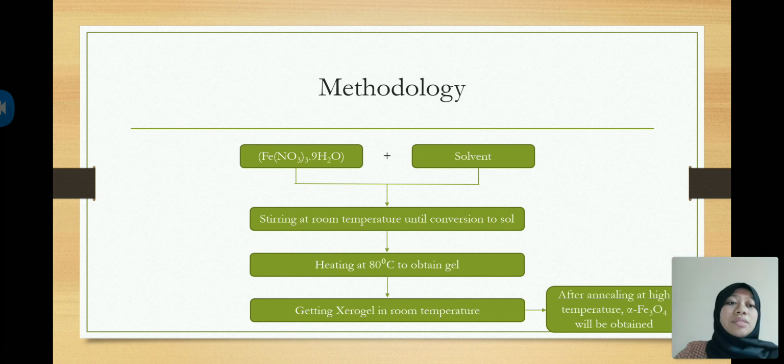Then the brown gel will be crushed using a mortar and pestle at room temperature. Then it will be annealed in a furnace at very high temperature to obtain alpha iron oxide, forming a fine powder. The procedure will be repeated for the other ratios of salt to polyol.